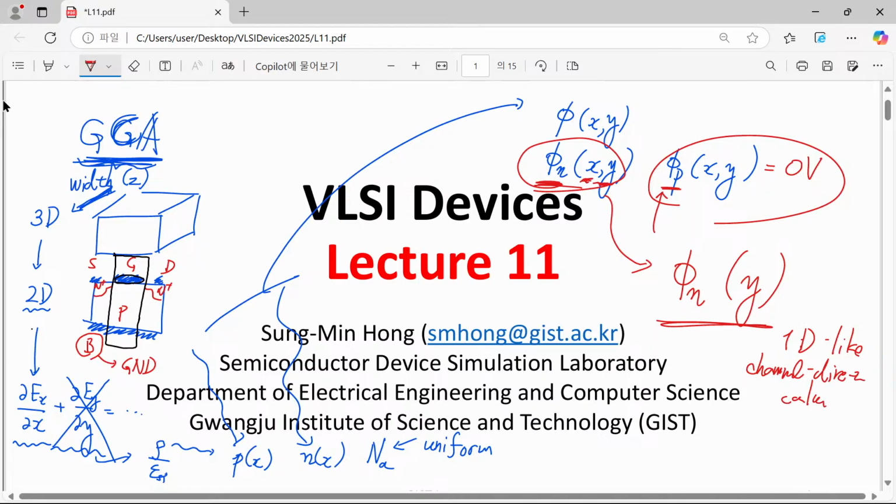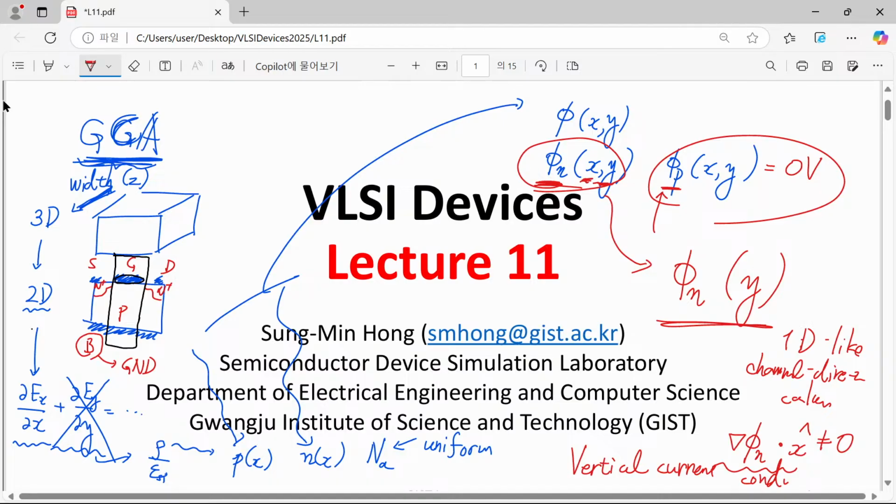That was possible because if we allow any kind of change in our electron quasi-Fermi potential along, for example, the x direction, then that means that if this is not 0, then we will have vertical current conduction, which is quite counterintuitive in our structure.